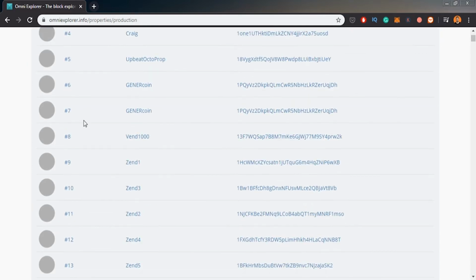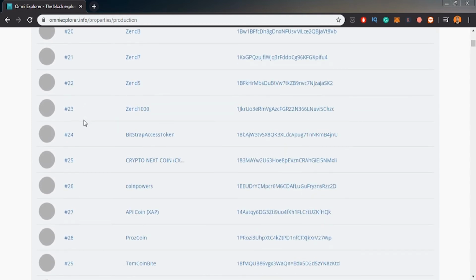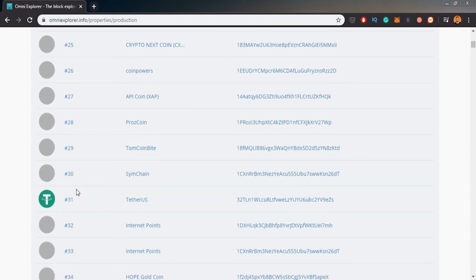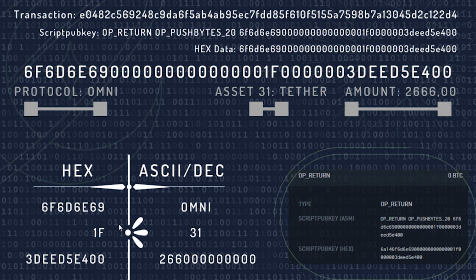At the peak, I would even say it was 5 to 10% of all the transactions. Right now it's about 1 to 2% because Tether is moving out of this platform, but we still have a lot of historical transactions. So 1F translates to 31 in decimal, which is the ID of Tether. Here we have it, asset 31 Tether.